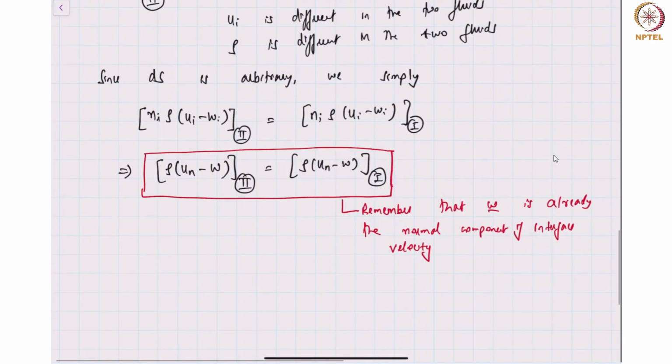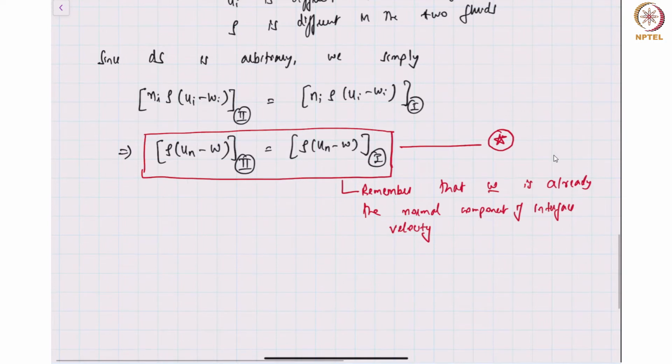So there is no need to put explicitly w subscript n, because w is already the normal component of the interface velocity. So this is a very important result. We'll call this equation star. Okay. So what is it telling you? That if the densities of the two fluids are different, then the normal components of the velocities are also different.